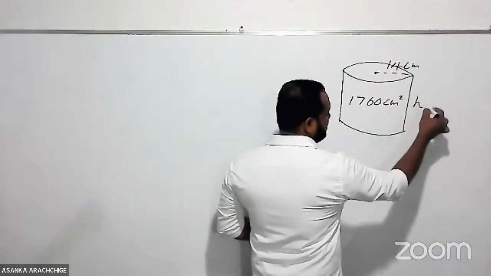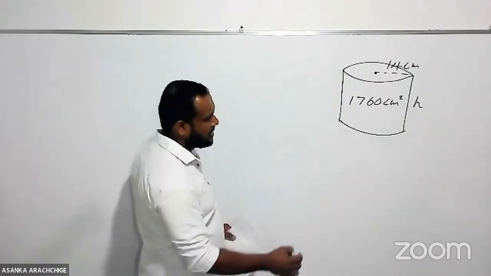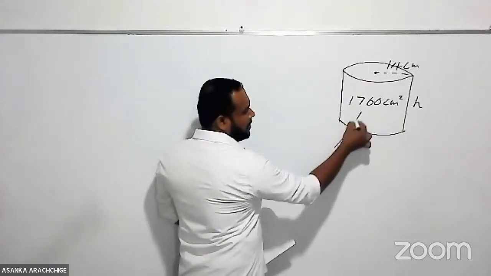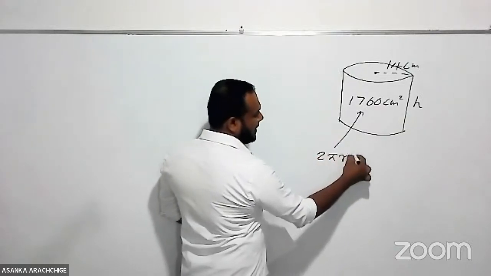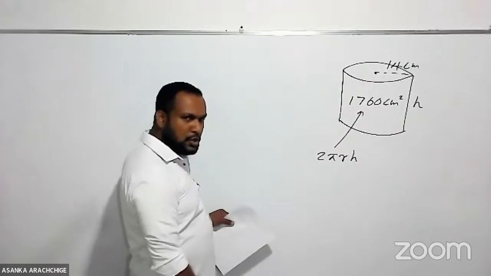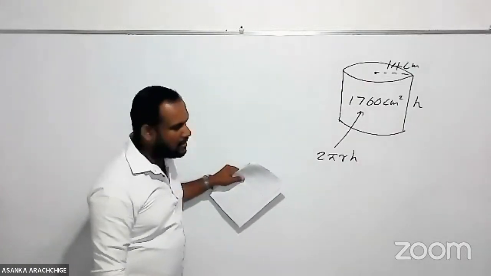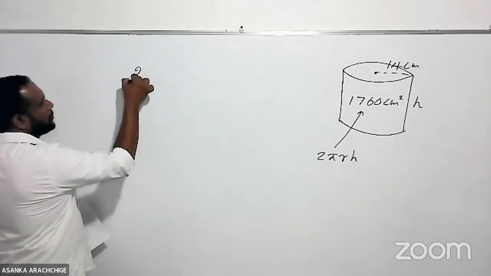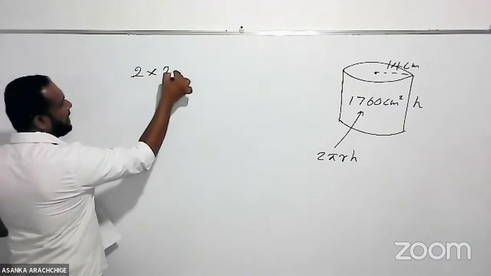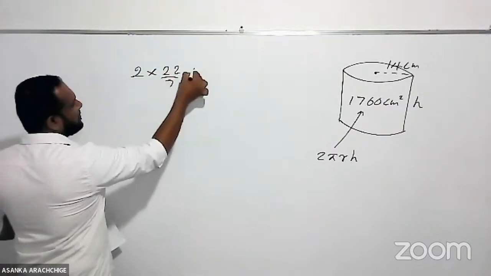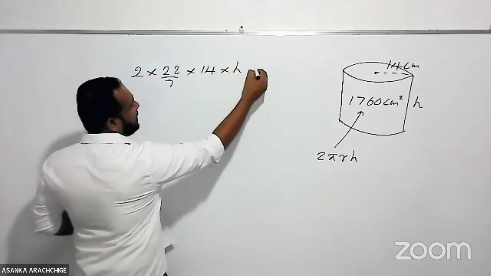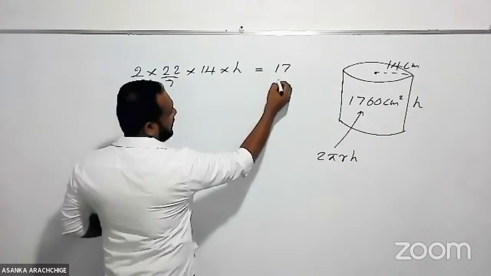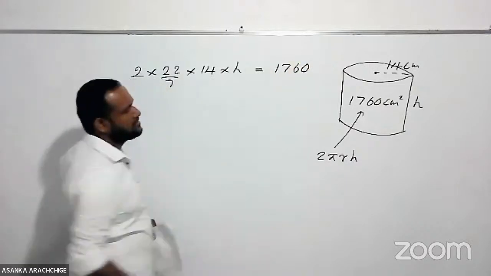If the height of the cylinder is h, the area of the curved surface is 2 pi r h. Do you remember that formula? Now you can write 2 pi, radius r 14, into h must be 1760.